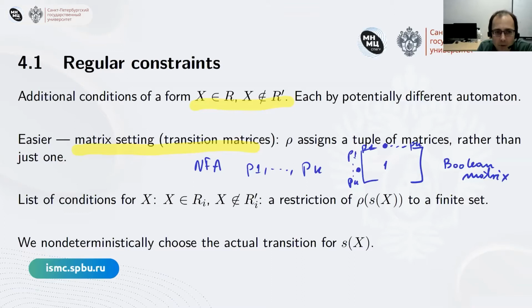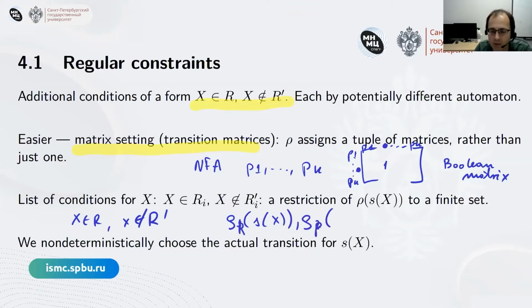And then we would like to go from this setting of saying that something is or is not in some regular language to specifying the list of transitions for the states. So instead of saying that x is in R, x is not in R prime, I would like to state what is the transition matrix for the word which is substituted for x in this first automaton, what is it in some other. This is the transition for the language R, this is the transition for the language R prime, and so on.